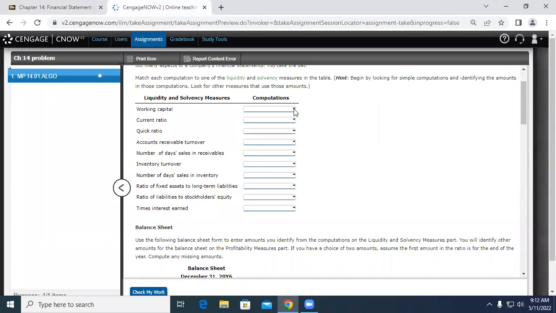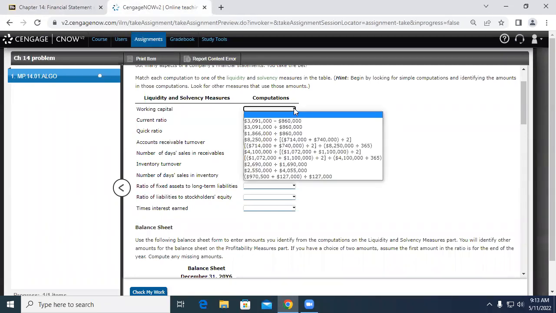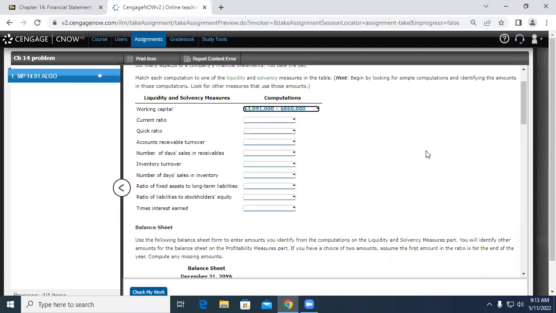So for example, working capital we know is current assets minus current liabilities. And the only one of these that has that relationship, some number minus some other number, is that very first one. So now we know that for this problem, their current assets were $3,091,000.